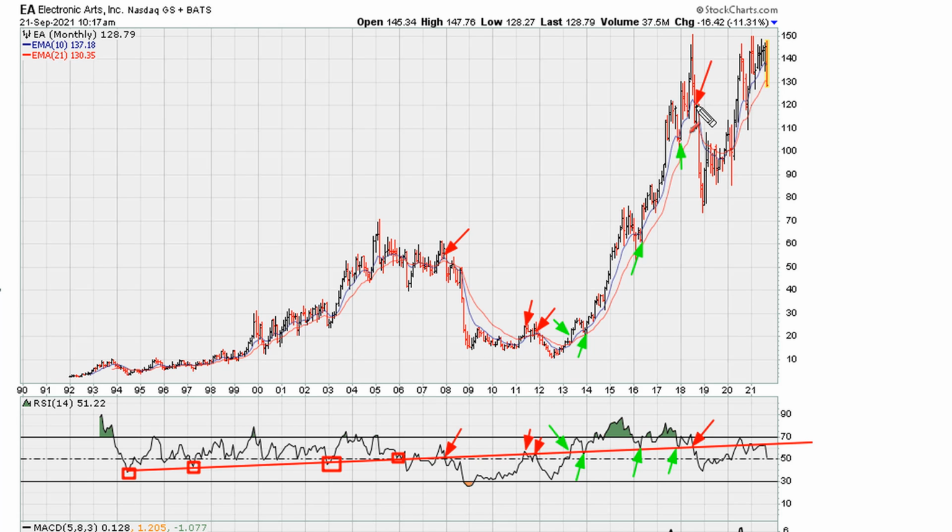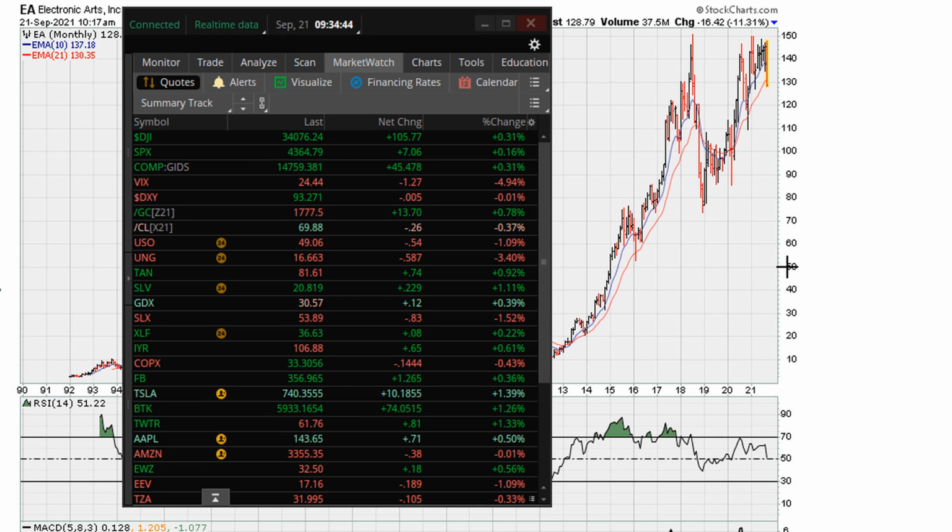Uniform activity above the line, back below it, resistance. Recently we've tagged it twice in 2021. And that's what I would call an example of what I call a strange line. They are not strange. It just means that the instrument has a memory, and you can use that memory for your decision making. Let me stop right there, otherwise I can continue forever.